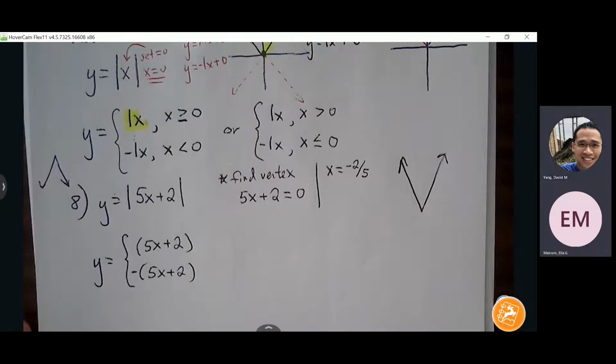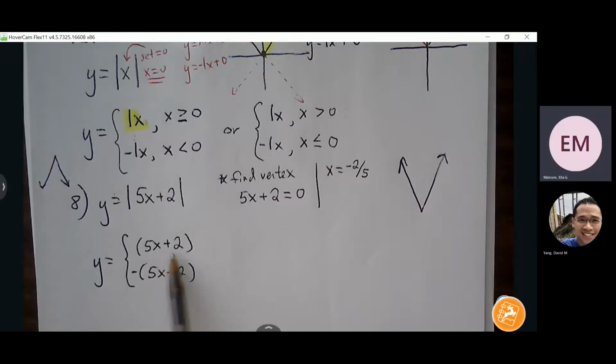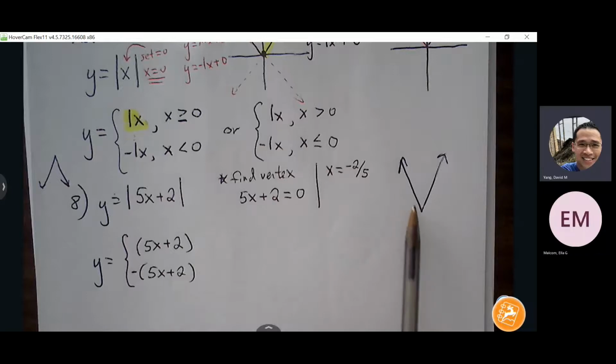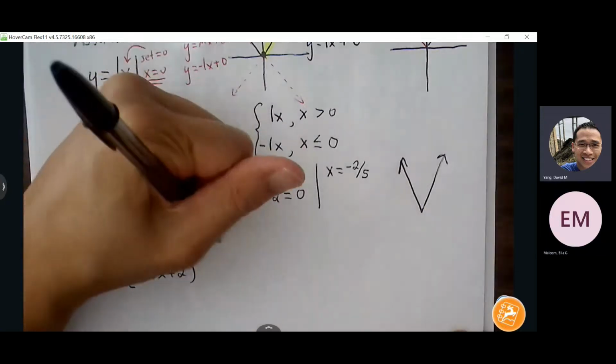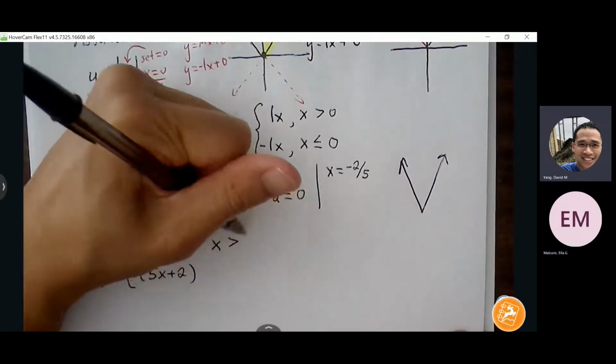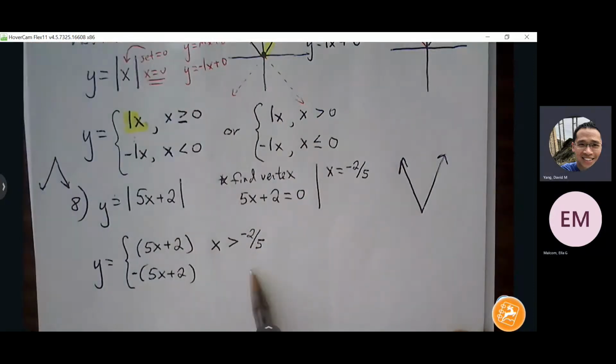Now, 5x plus 2, is this a positive slope or a negative slope graph? That's a positive slope. And the positive slope, is it to the left or to the right of my vertex? To the right, which means I'm going to say x is to the right of -2/5, because that's my vertex.